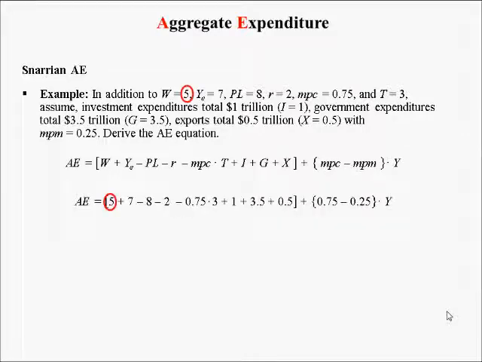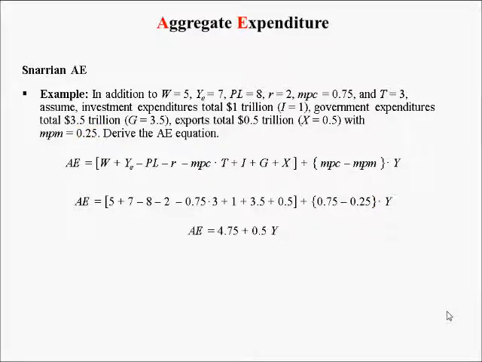So all we're going to do is plug in the numbers. $5 trillion in wealth, $7 trillion in future expected income, $8,000 in the price level, 2% interest rates, marginal propensity to consume of 0.75, taxes net of transfers, $3 trillion, investment expenditures of $1 trillion, government expenditures of $3.5 trillion. Note, taxes net of transfers are 3, government spending is 3.5, so we have a budget deficit here. Exports are 0.5 trillion, and the marginal propensity to import is 0.25.